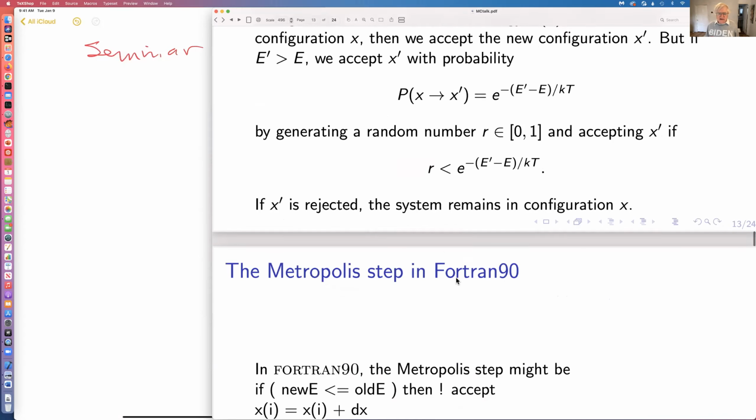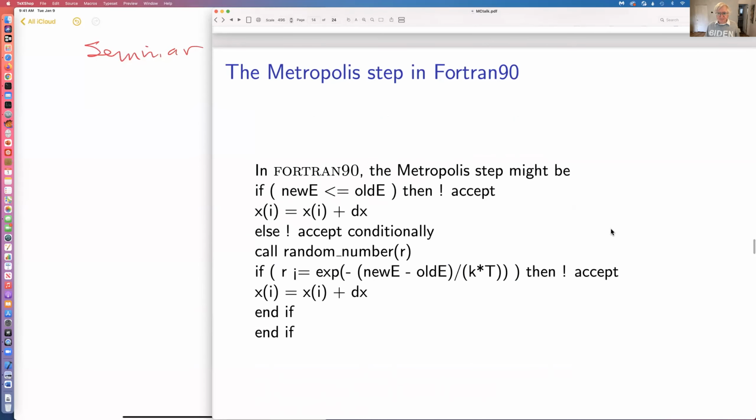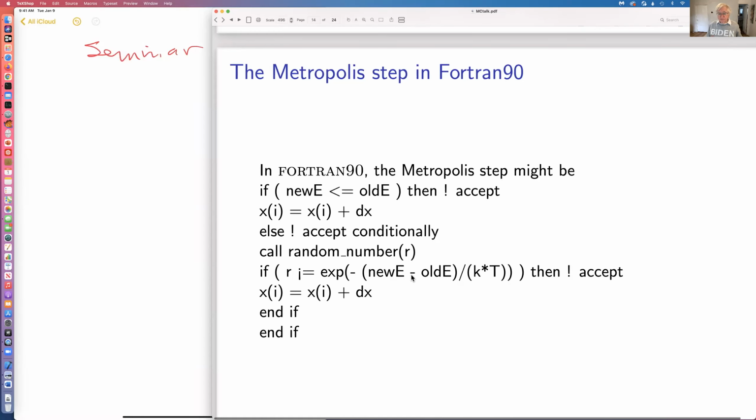A Fortran 90 description of this step looks like this. If new E is less than or equal to old E, accept. And so you change xi this way. Otherwise, you call a random number. I see here, this should be r less than or equal to this, then accept, and then you end the two if statements.